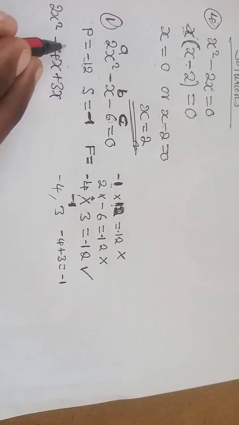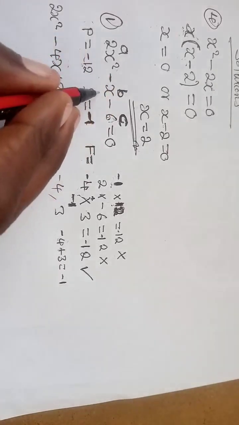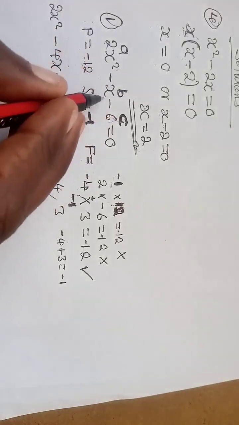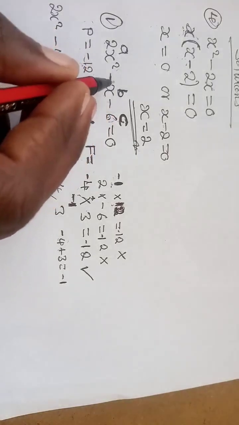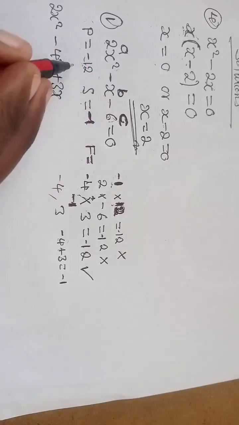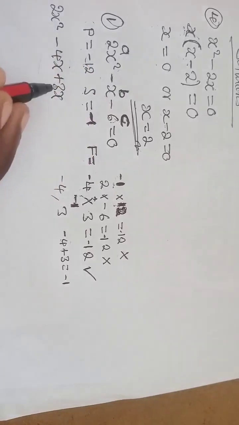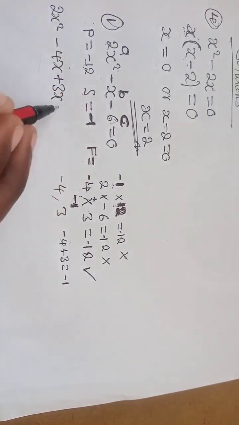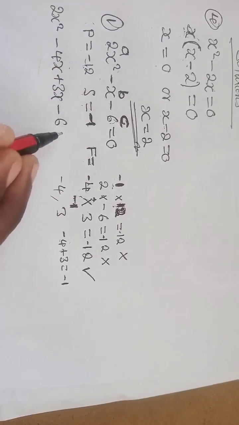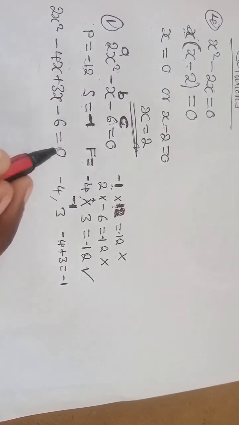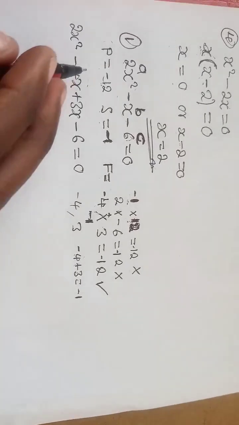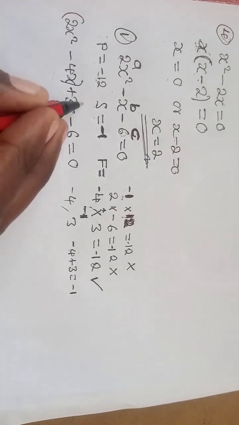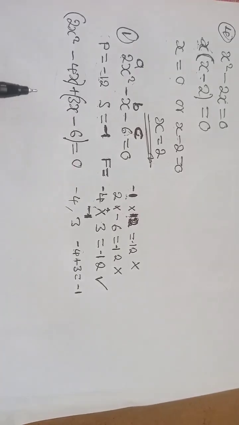So these two factors have just replaced the sum. The sum is what is b here. So we've removed this and replaced it with that. So what is going to follow is -6, equal to 0. So from here we now factorize, as simple as that.